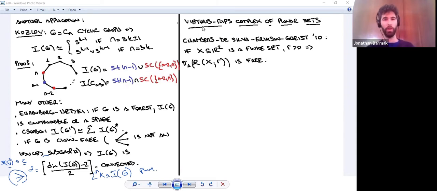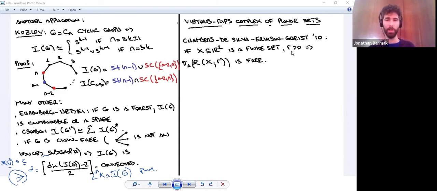I will consider Vietoris-Rips complexes of sets. Again, I will think about finite sets, but probably many of these things, in fact the conjecture that I will mention later, that probably you all know about, probably extends to infinite sets, but I will speak about finite subsets of the two-dimensional Euclidean space.